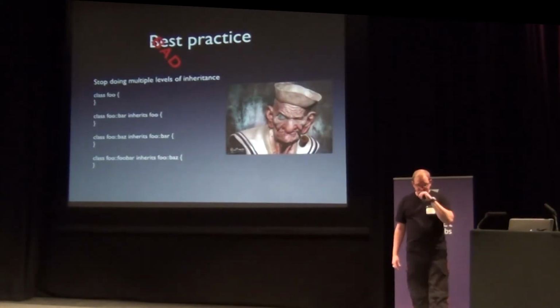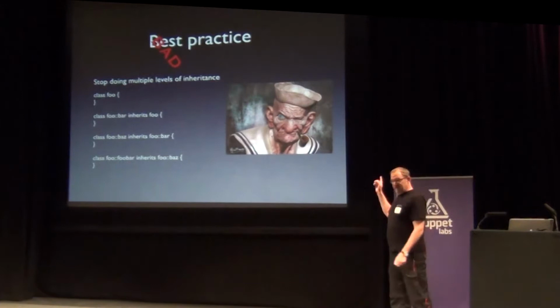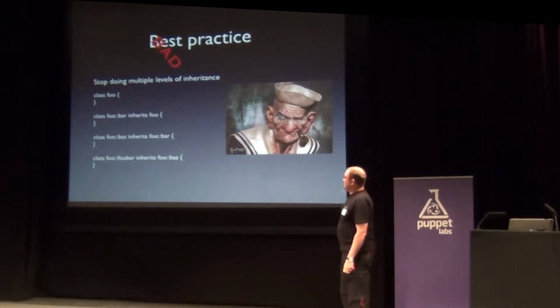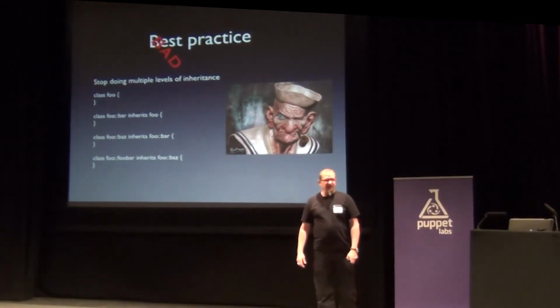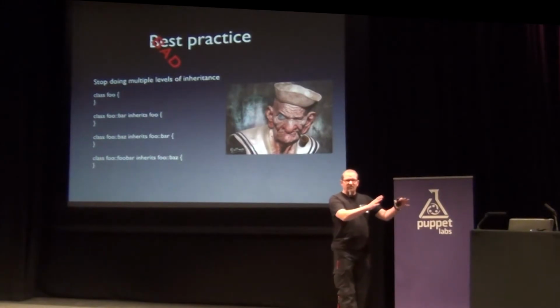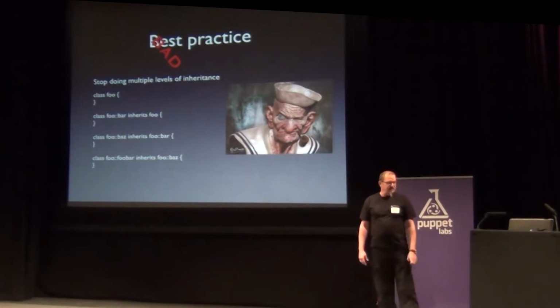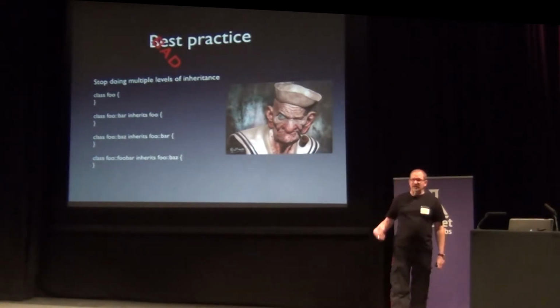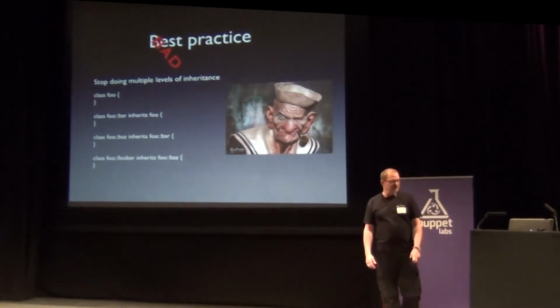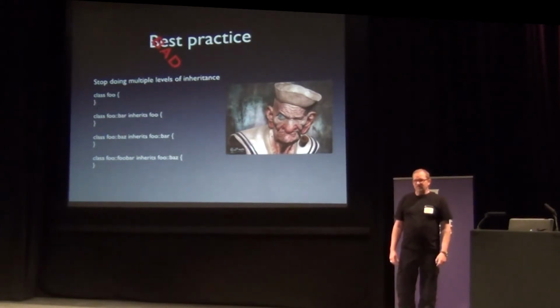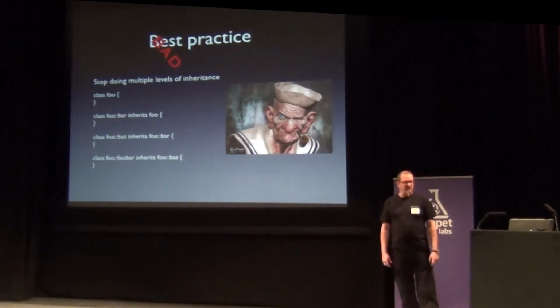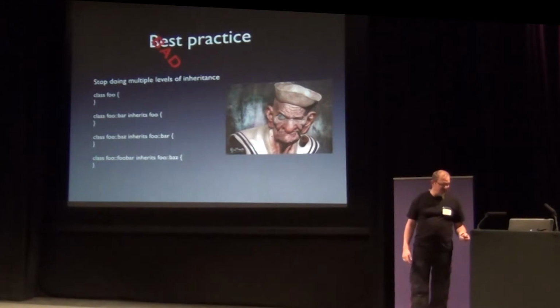So, luckily, I've never seen code examples like this, building up a complete family. A grandfather, a grandfather, a son, and having classes that have multiple levels of inheritance. If you do that, please either refactor or even throw it away and start from scratch.